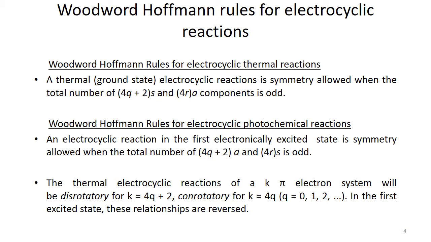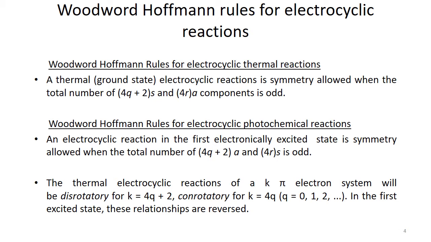You have to make sure that we are talking only about the pi electronic system here. They say the total number of these components is odd, and there is another designation used here, s and a. These are nothing new, because we already know about suprafacial and antarafacial modes of interaction. We shall discuss that in the next slide.